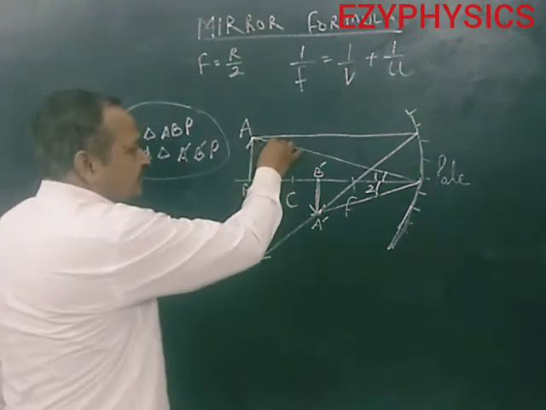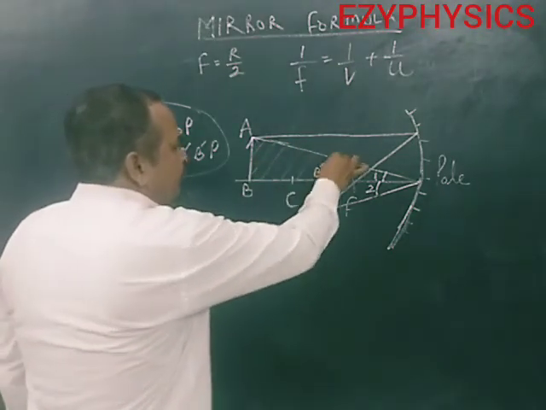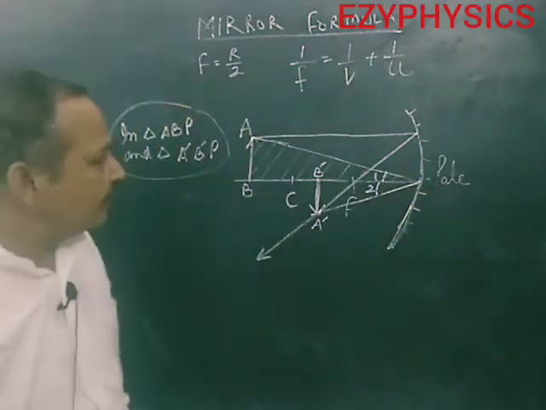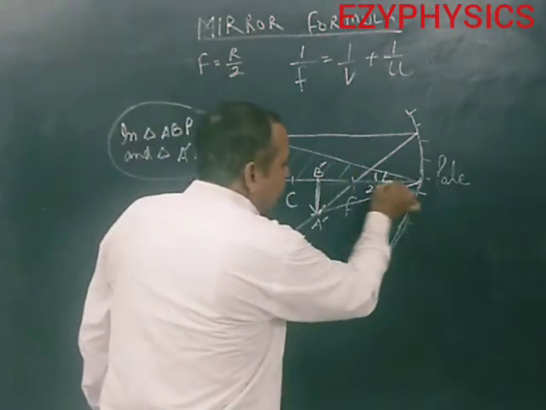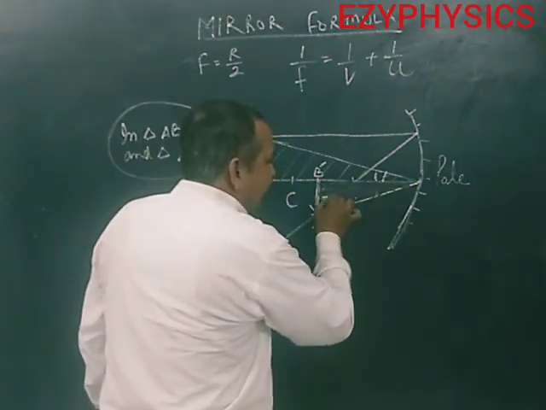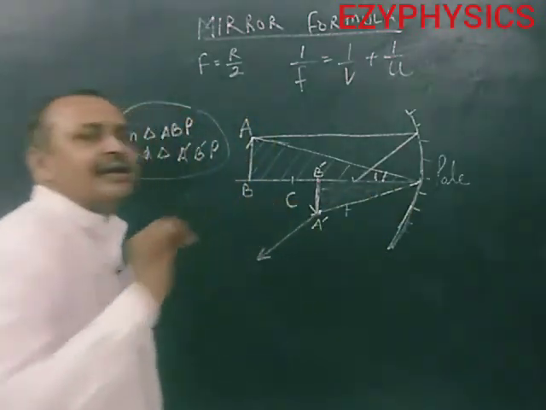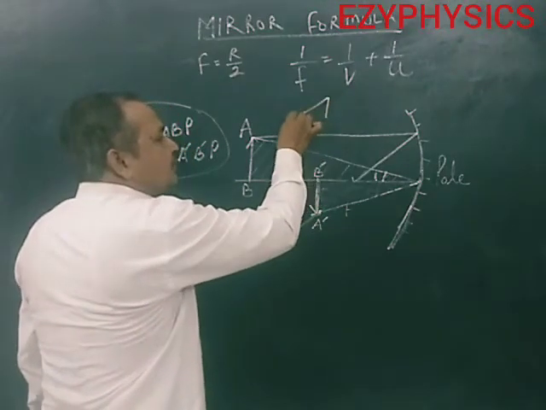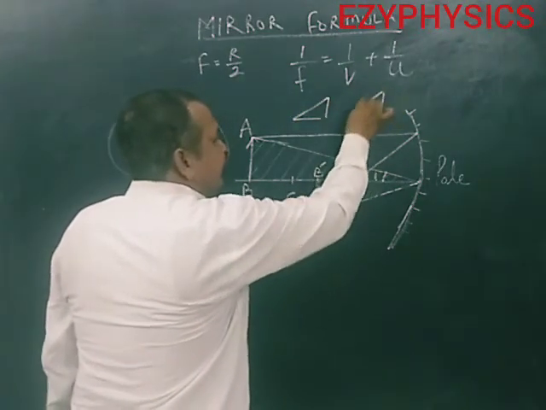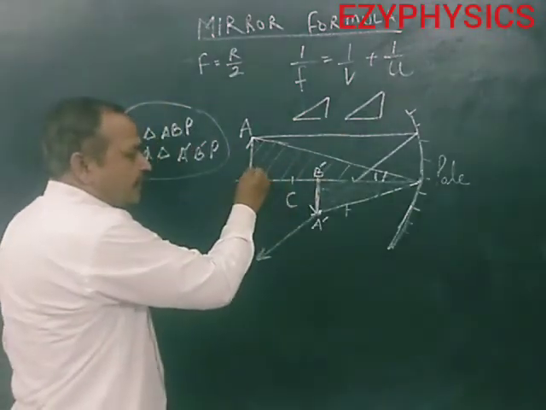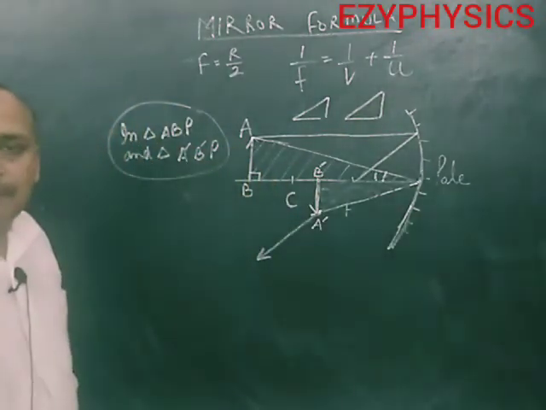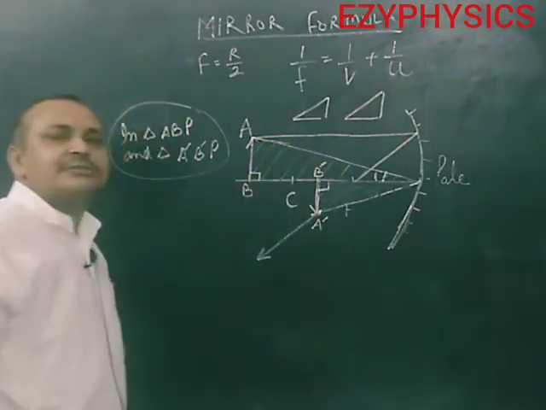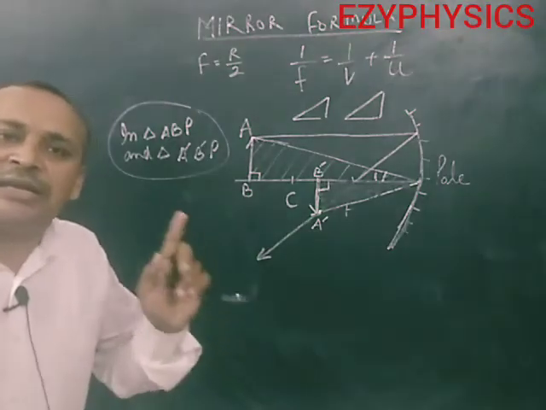First is this particular triangle which is ABP, and the second one is this particular triangle which is A dash B dash P. Now if you see, if I make these two small diagrams, in this diagram you can clearly see this angle B is equal to this angle B dash, each 90 degrees.